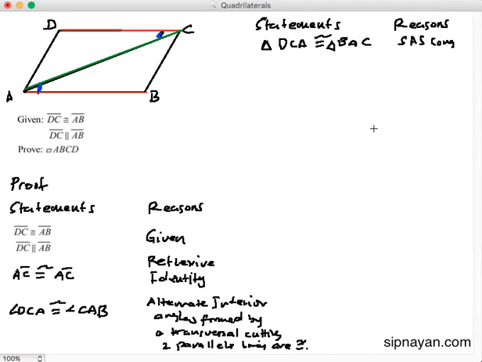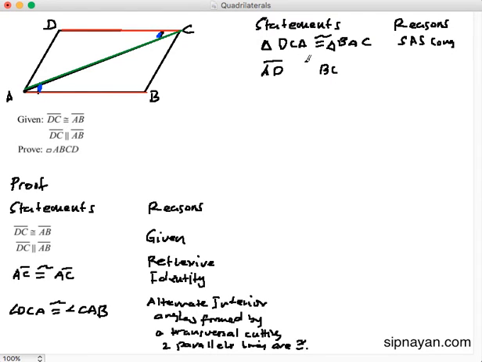Okay? Which means that ano ang congruent, ano ang corresponding side niya? Ito corresponding side niya ito. Ito corresponding side niya itself. Therefore, ito ang corresponding side niya ito. So, anong masasabi niya sa corresponding sides ng congruent triangle? AD at saka BC.